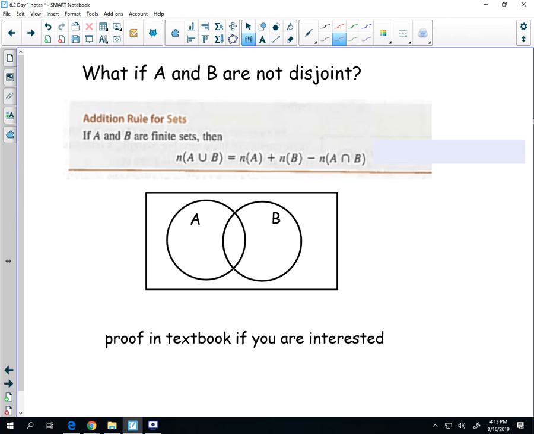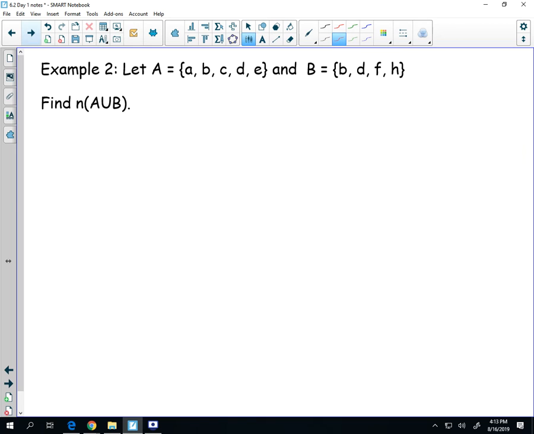There's a nice proof of this in your textbook. Basically, if you call this part X, this part Y, and this part Z, you're adding those up separately. But you have to cancel out the ones you've counted twice. That's the part you have to be really careful about.